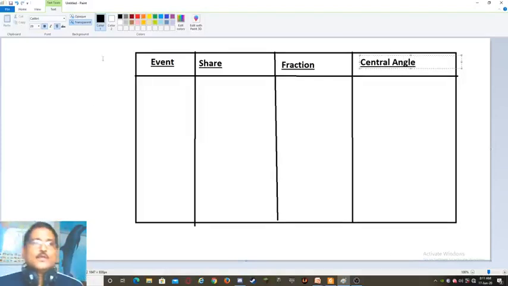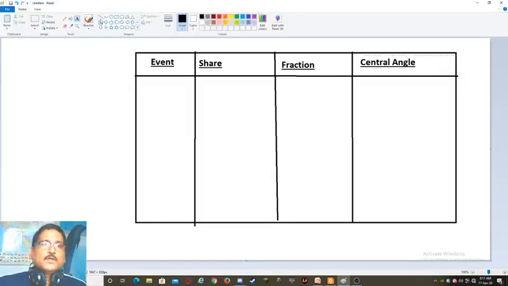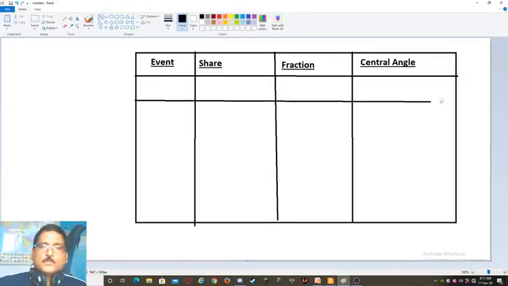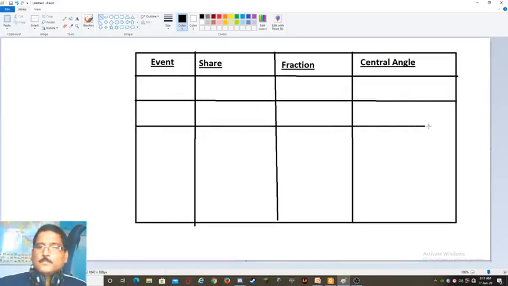Right? Now we divide this part into 4 or whatever number is given. Clear?